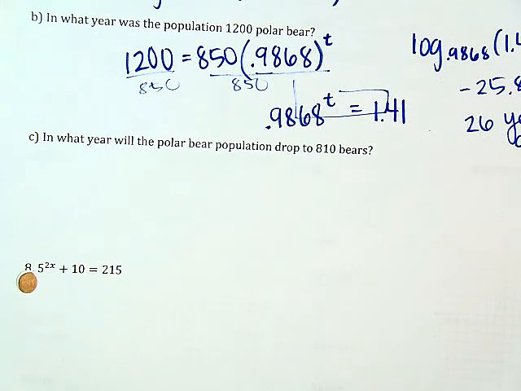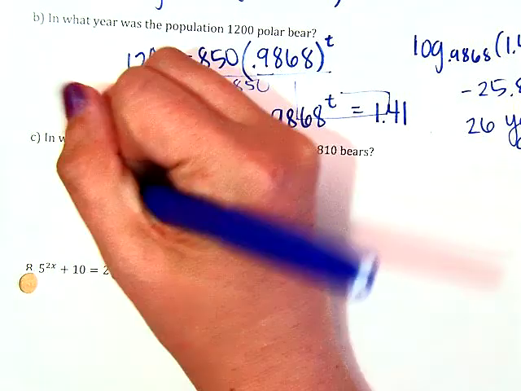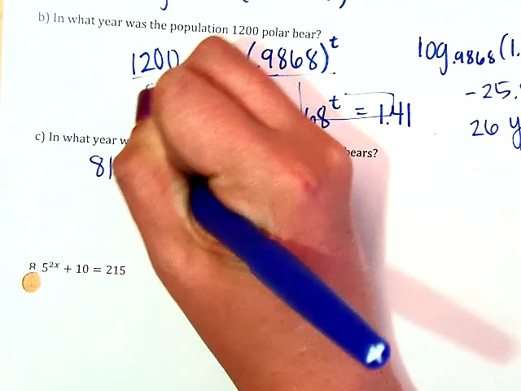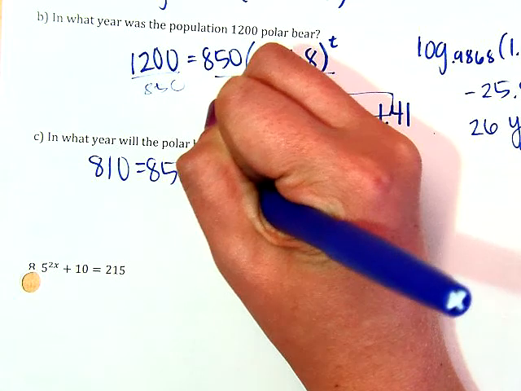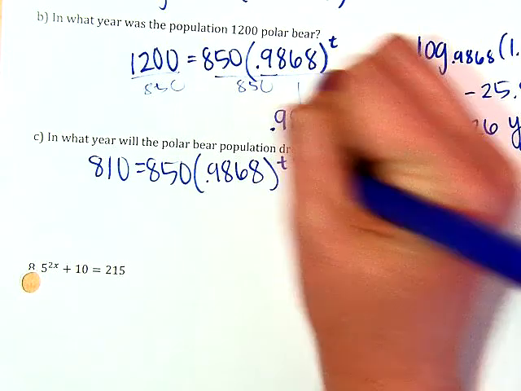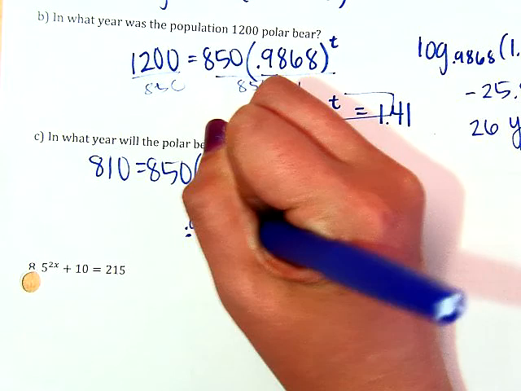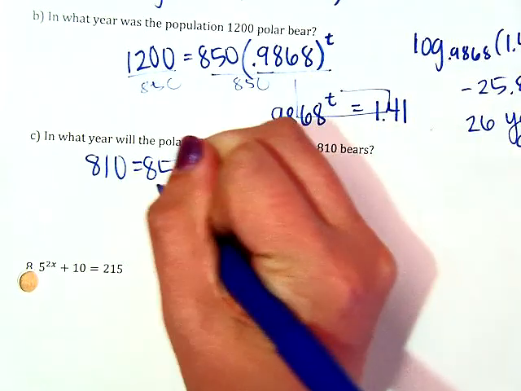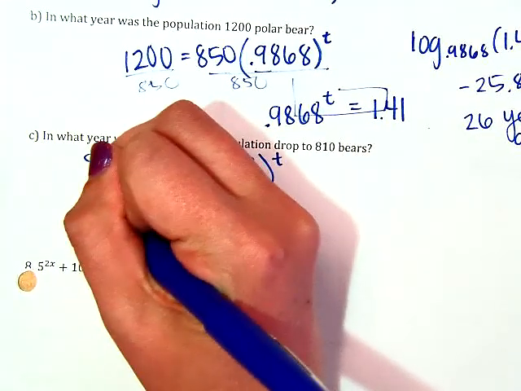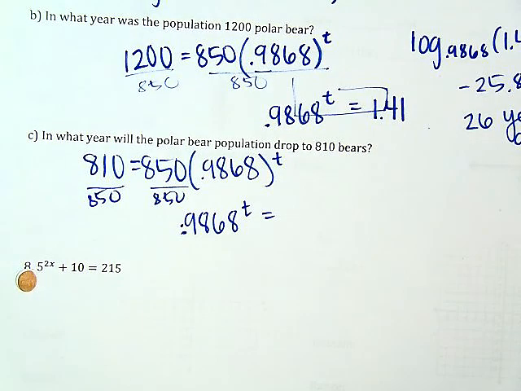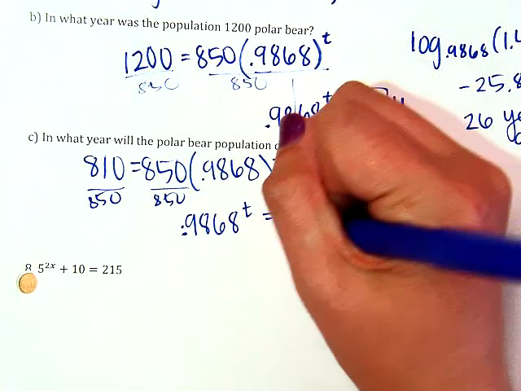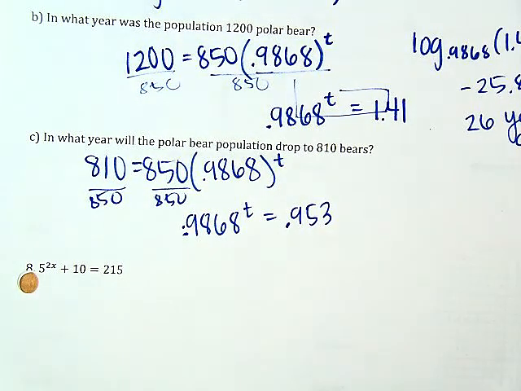In what year will the polar bear population drop to 810? So 810 equals 850 times 0.9868 to the power t. Again, we're going to solve this thing, so 0.9868 to the t equals, and I divide it by 850, hopefully. 810 divided by 850 gives me 0.953.